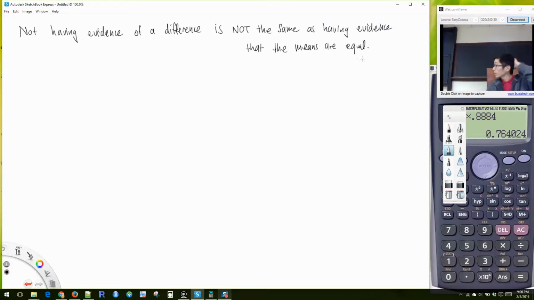Cool. And statistics is just not the way we approach these problems. They're just not set up to be able to answer the question, are they equal?